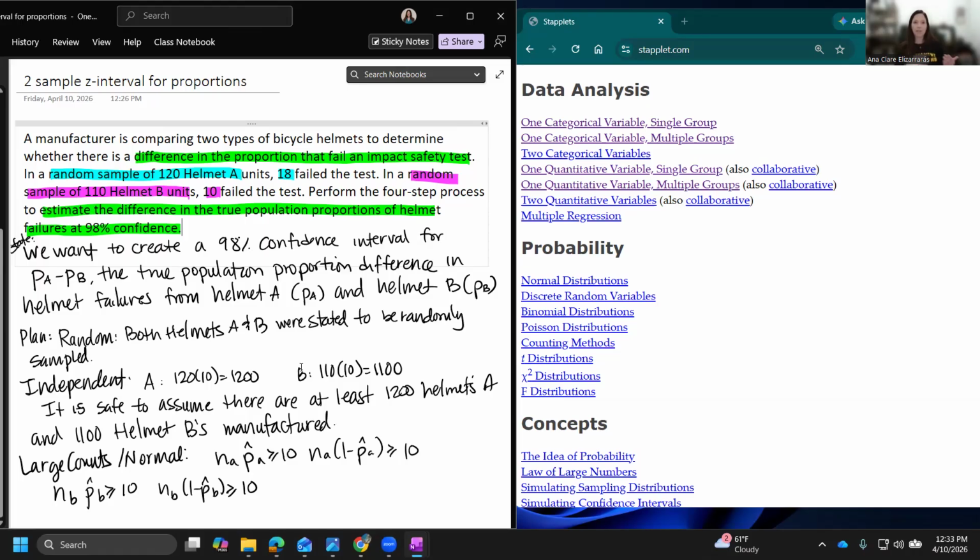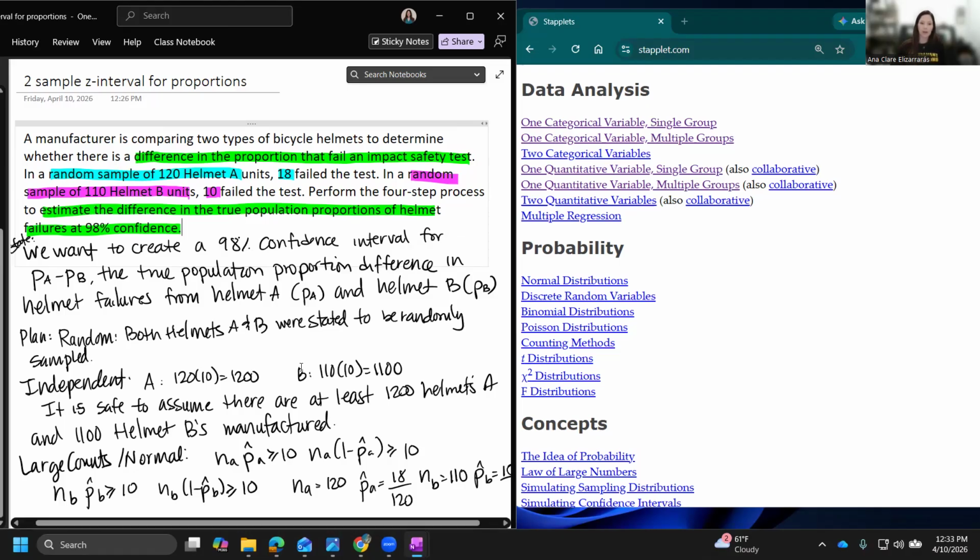So they're failing the safety test, but that is what we are worried about. So that is the success we are considering. We know that NA is 120, and the proportion from A is 18 out of those 120. Sample B is 110, and the proportion out of sample B is 10 out of 110, and these are the ones that fail.